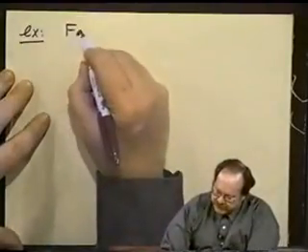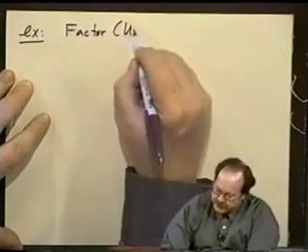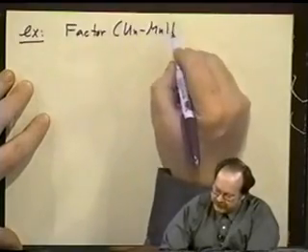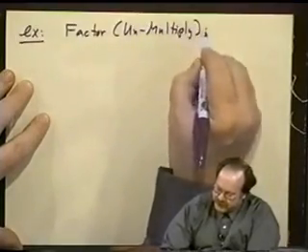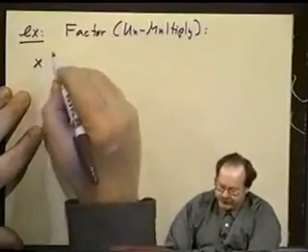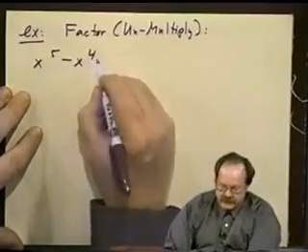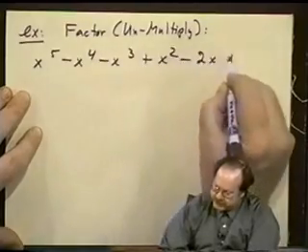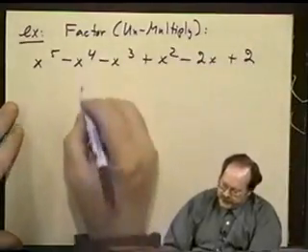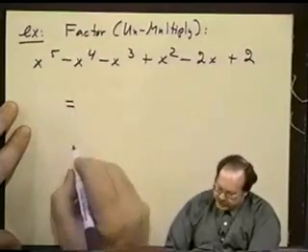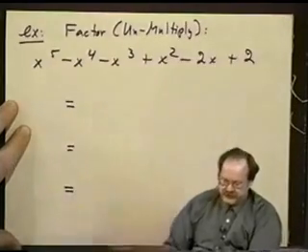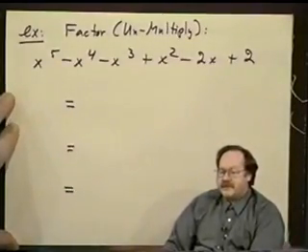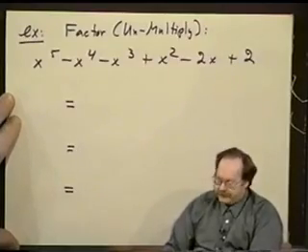What I want to do is factor this, and remind you that we're calling that unmultiply. I want you to continue to think of it that way. And here's the polynomial: x to the 5th minus x to the 4th minus x cubed plus x squared minus 2x plus 2. Now, I'm going to show you 3 different factorizations of this, depending on the number set I allow the coefficients to be in.